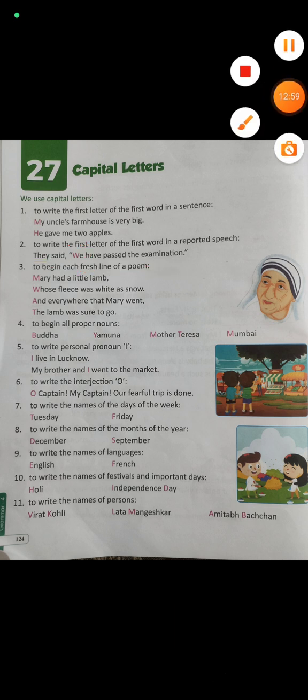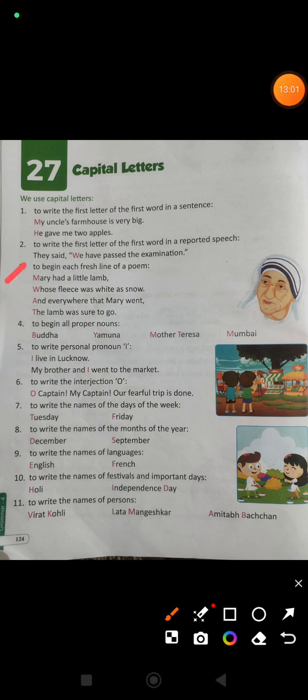Then rule number 3, to begin each fresh line of a poem. We should use a capital letter to begin each fresh line of a poem. When you write a poem, always begin each line with a capital letter.